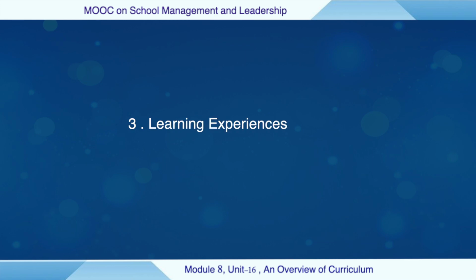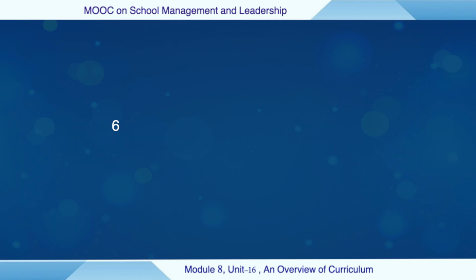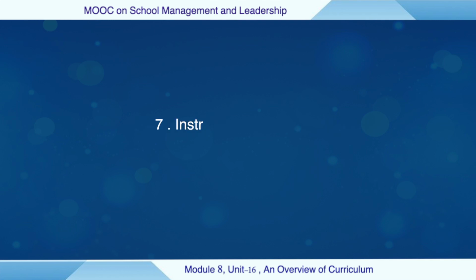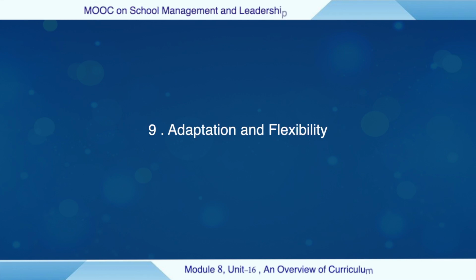Then learning experiences and activities, instructional material and resources. Then assessment and evaluation of learning progress and achievement, content sequencing and organization, instructional strategies, teacher support and development, adaptation and flexibility, and the last one, feedback and improvement.